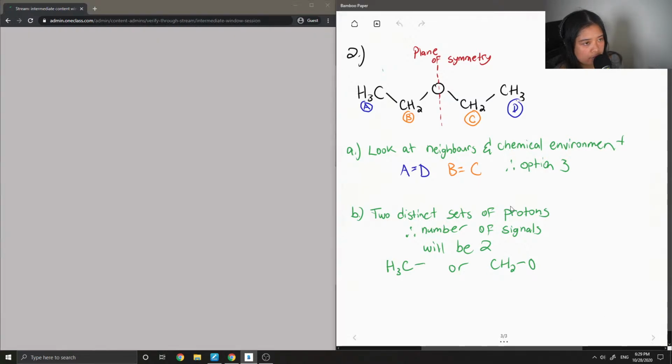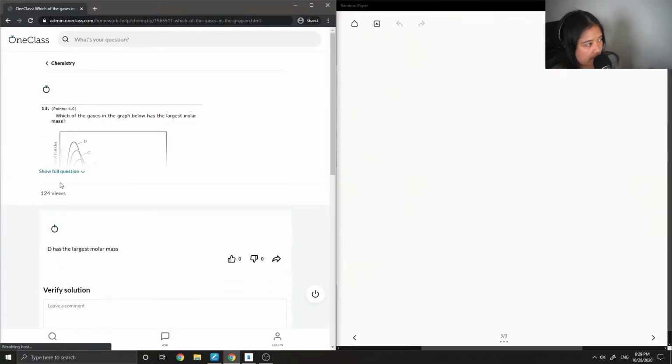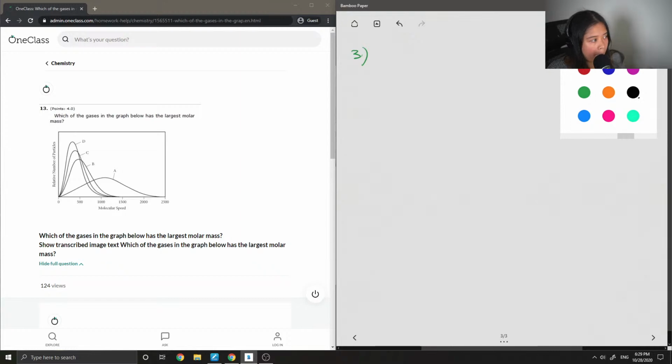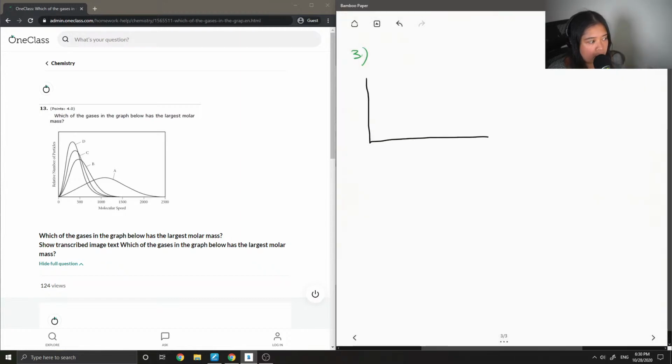Okay, so now let's move on to question number 3. Which of the gases in the graph below has the largest molar mass? So let's try to mimic this graph. On the x-axis, we have molecular speed.